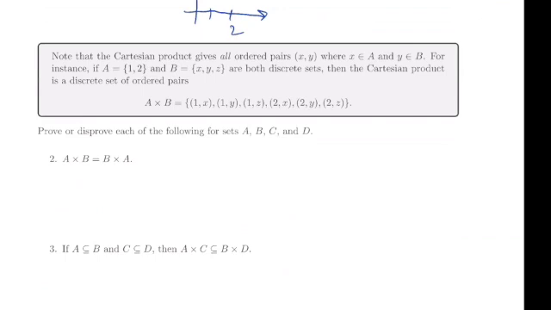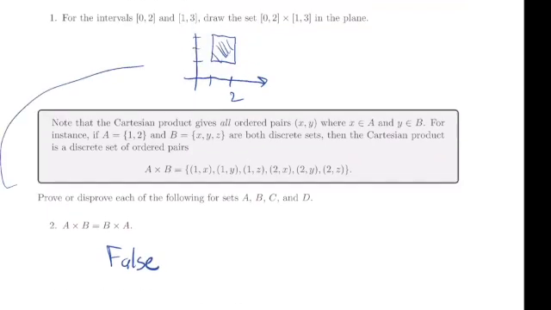One of the questions on the reading quiz, to ruin the surprise if you haven't looked at it, was question 2. Is this true or false? False. Yes, this is false. And here's a counterexample.